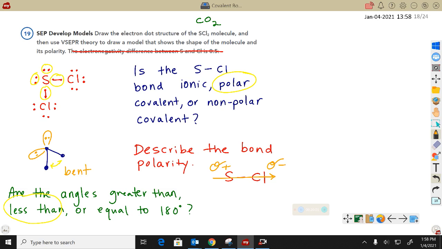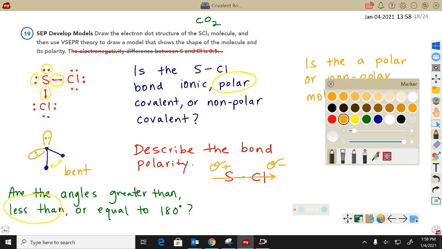Now, finally, they might ask me about the molecular geometry. Maybe they'd say, is this a polar or non-polar molecule? Is this a polar or a non-polar molecule?